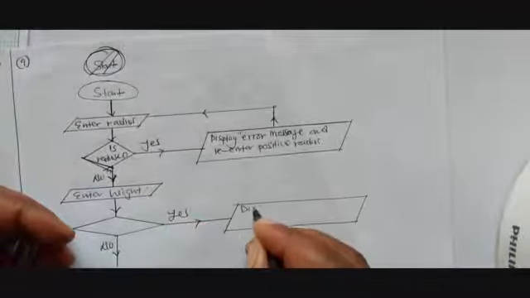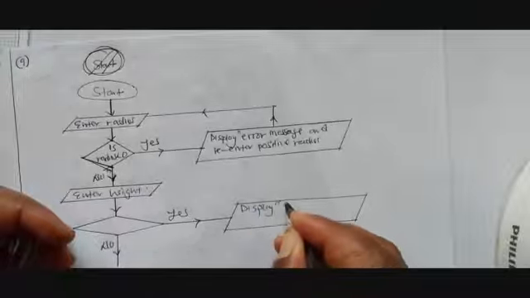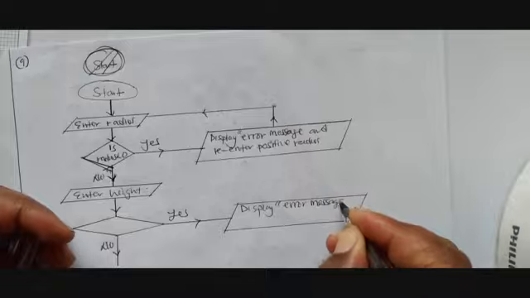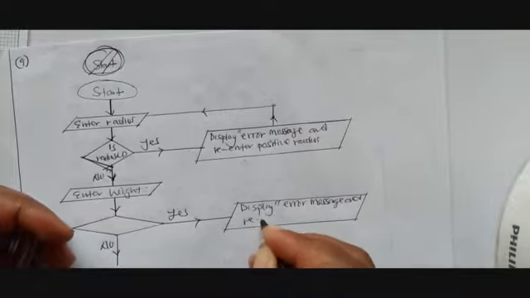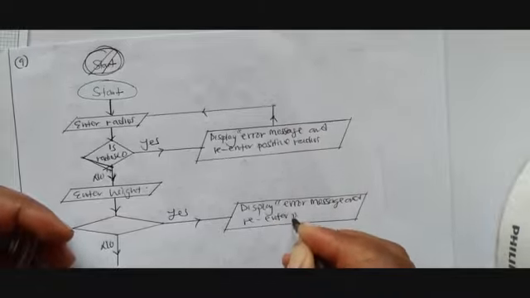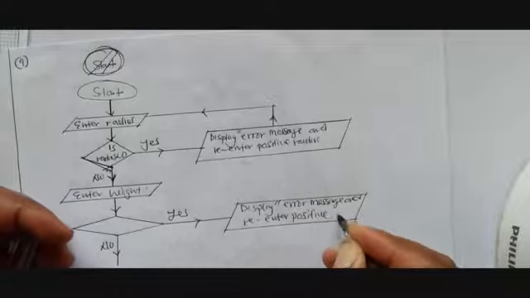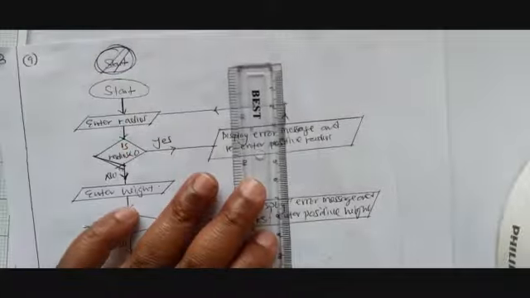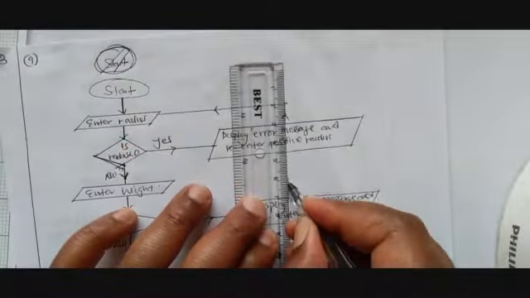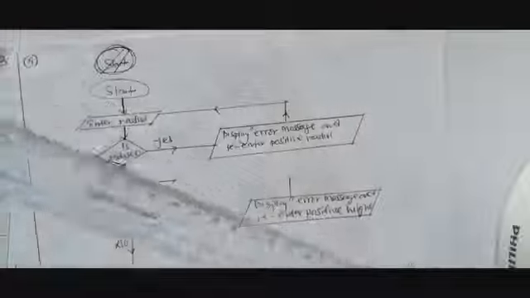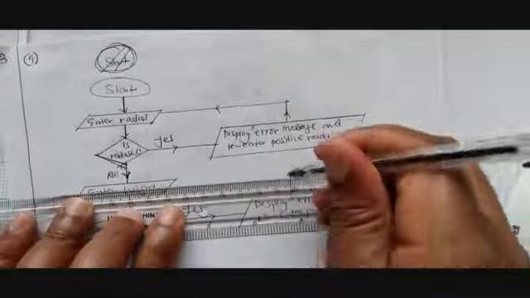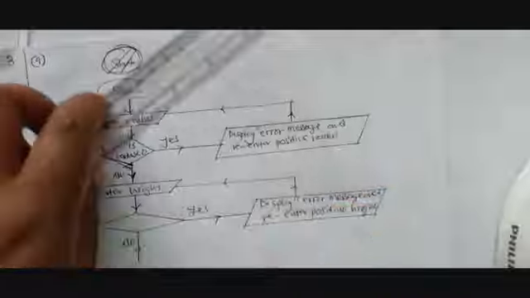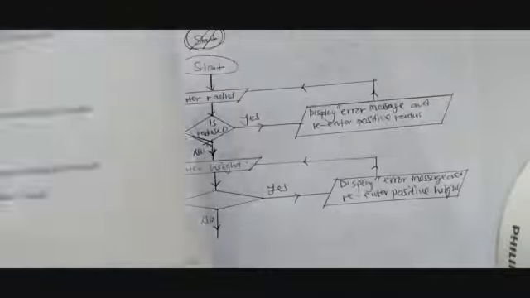So here we display error message and re-enter positive height. By that we mean we can go back here and pick it from here, and try to insert another value of height.